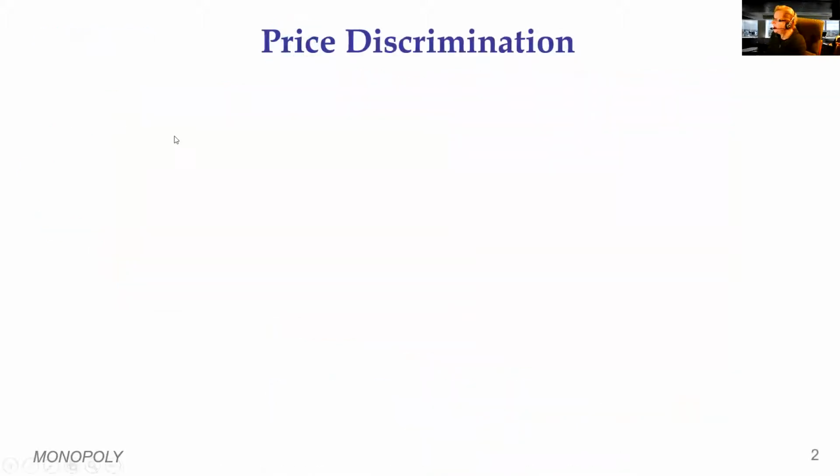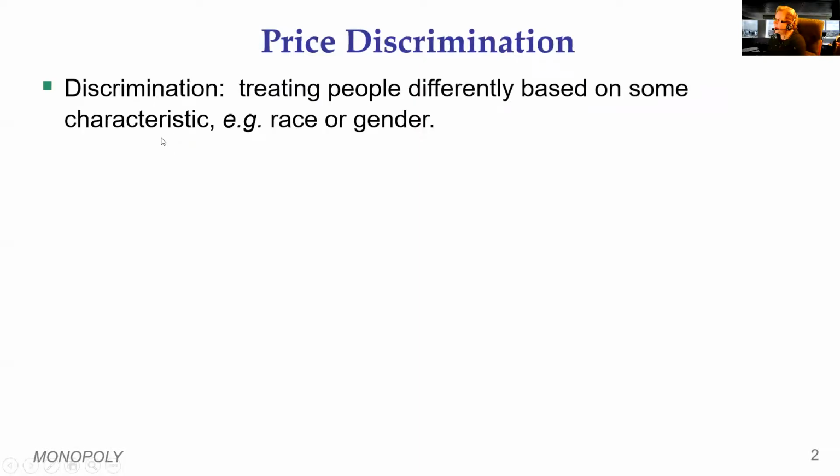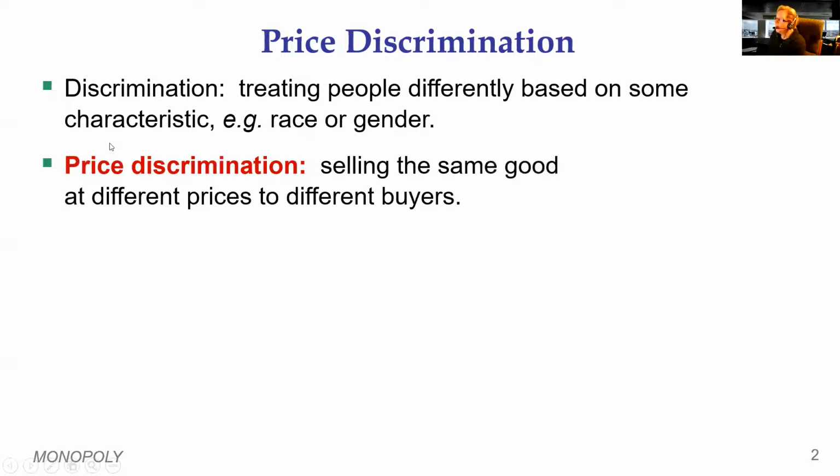All right, so this is price discrimination. And when we talk about price discrimination, it's not necessarily where we're discriminating against a protected class, because that would be illegal. What we're discriminating on is a person's willingness to pay. So if we have one consumer who is willing to pay more, can we actually charge that consumer more?